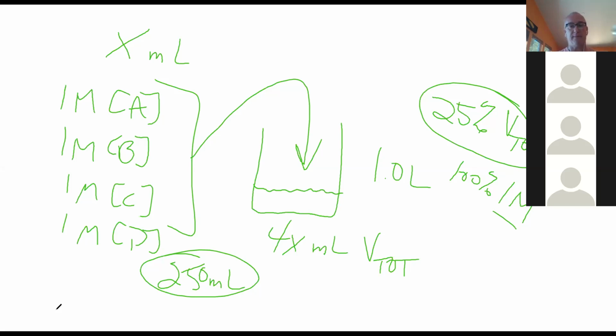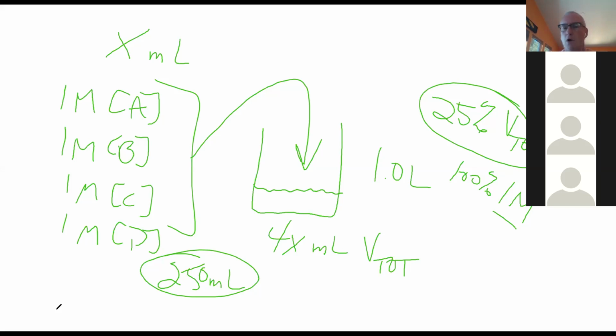It's 1/4 of something. 1/4 of what? 1 liter. Now remember, liter's not a measure of concentration. It's got to be a measure of concentration. It's 1/4 of molar concentration. Well, what was the original molar concentration?